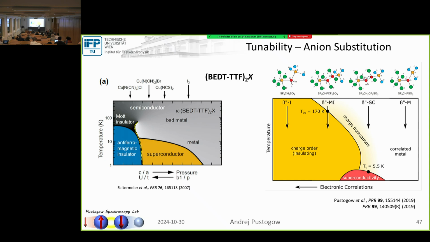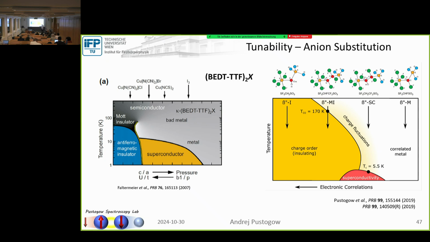And they have a different size to iodine 3. In the end, it's only relevant how the change in the anion layer changes the distances between these organic molecules. And in the end, it was seen that one can study these phase diagrams, and these materials are just at different positions. But in reality, they exhibit the same physics.